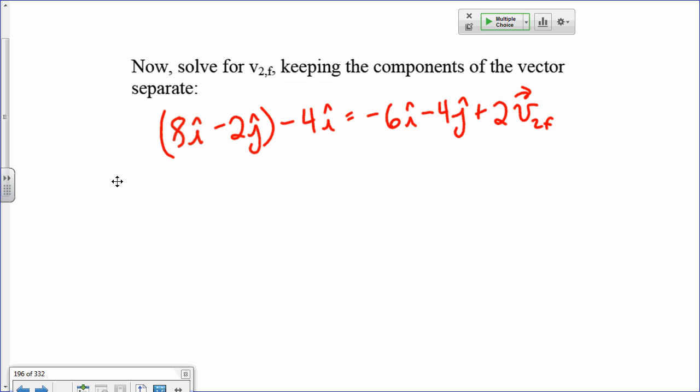All right, now I solve for v2f. Was it 4? Oh, you're right. Here are my notes. Fix that.